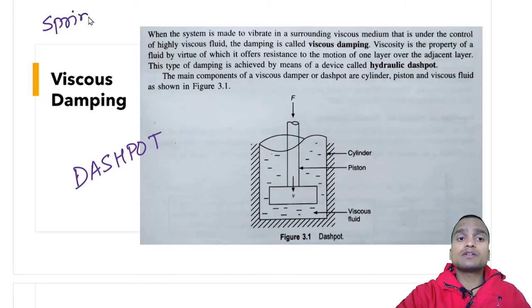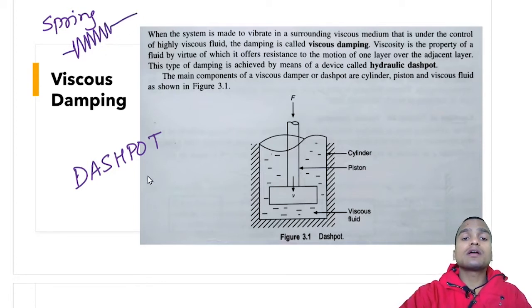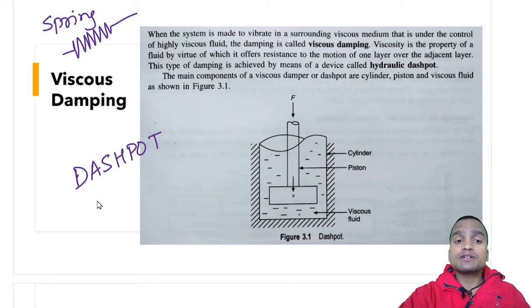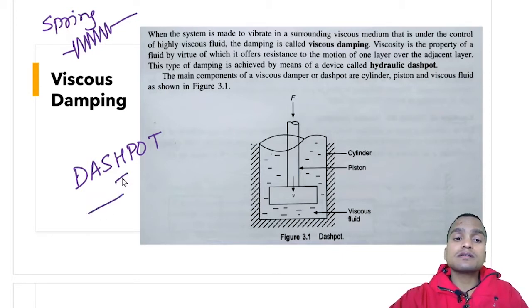How do we represent a spring? Just like we represent resistance in an electrical circuit, a spring is also represented like this. So the dashpot also has a representation, just like in an electrical circuit we represent a capacitor. Dashpots are represented in a similar fashion, and it is represented like this.